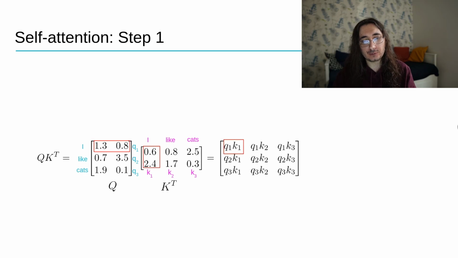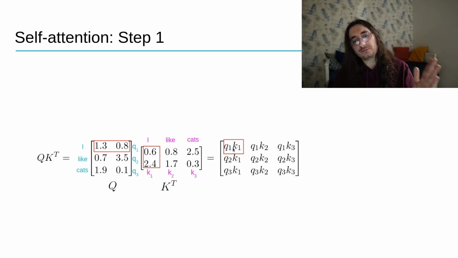So if we take, for example, the first cell here, the value for the first cell is going to be the dot product between Q1 and K1. We do this by multiplying this item by this item and summing that with the multiplication between this second item and this second item. This is the formula for the dot product. And so at the end of the day, we're going to get a single value, a scalar.